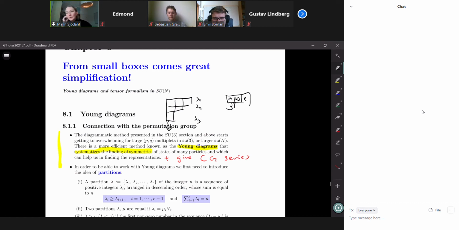So we had a look at the SU2 case and said that we had 3 states in a spin 1 representation, for example. And then if we took the product with another spin 1 representation, we draw the other one on top of all possible states, and then we projected down to some basic level, and we found a certain number of states.